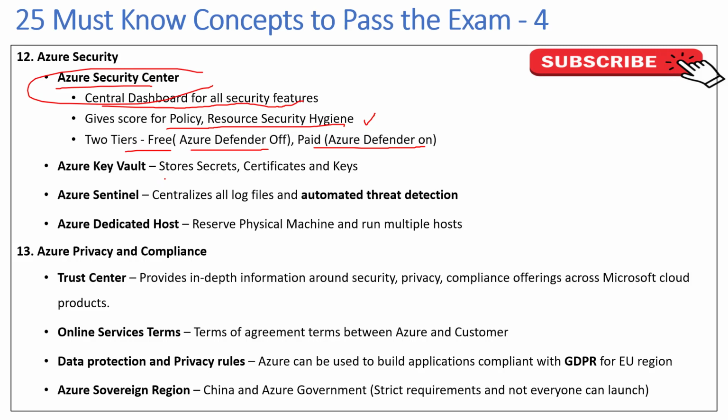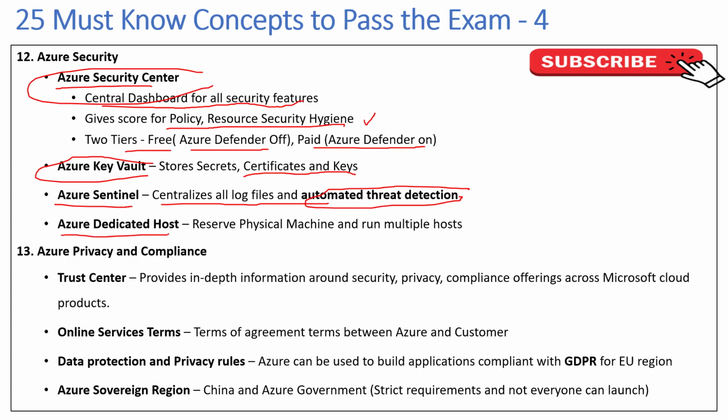Now, where do you store your database passwords, your certificates, keys? You do that in an Azure Key Vault. So you need to remember this. Then you could have a question around which service you use for centralizing all log files and doing automated threat detection. If you read automated threat detection, there's a good possibility that you need to use Azure Sentinel.